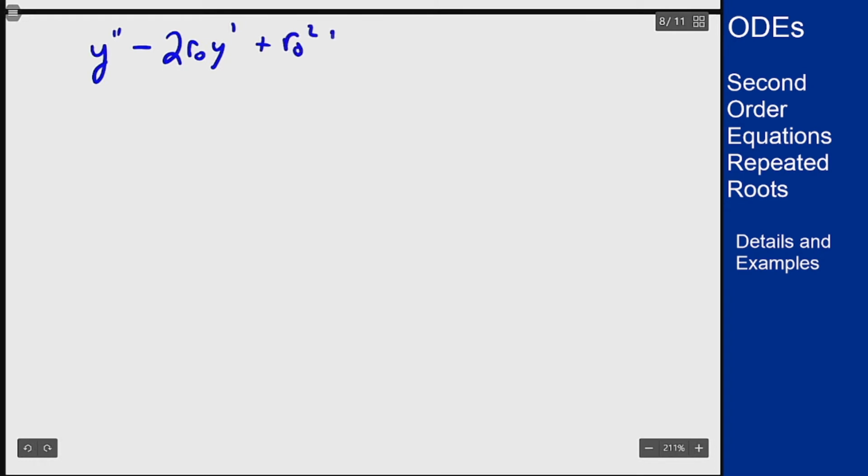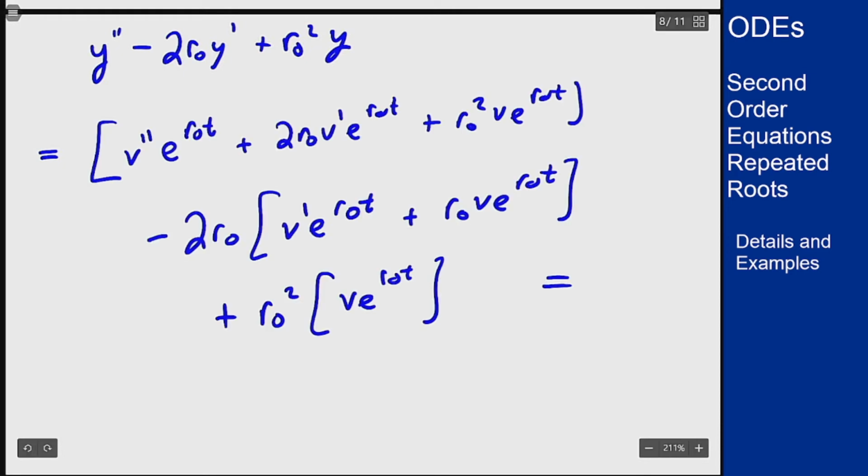Since our equation was y double prime minus 2r0 y prime plus r0 squared y, when I plug in, I get the following, and this should equal 0. And now I want to simplify terms here. So we'll see that this term is 2r0 v prime e to the r0t. That's going to cancel out this term here once I distribute in the minus 2r0.